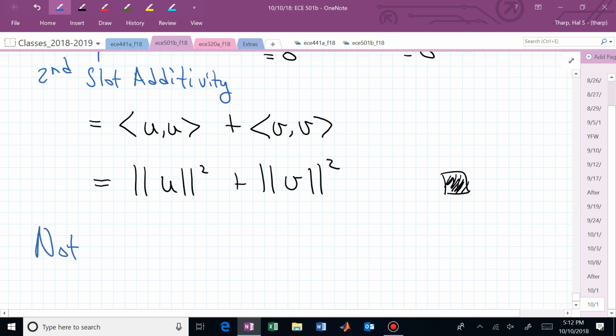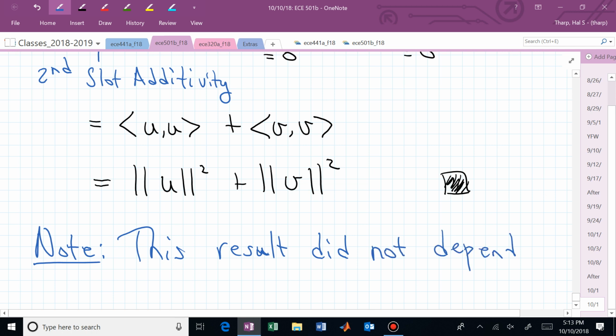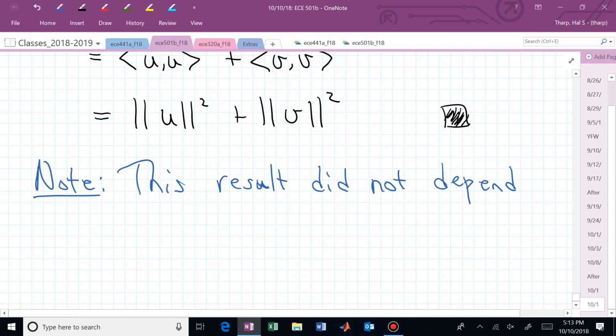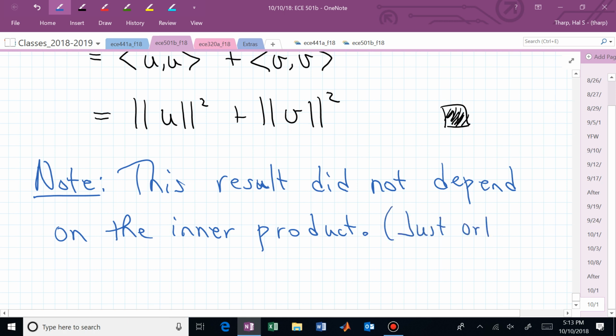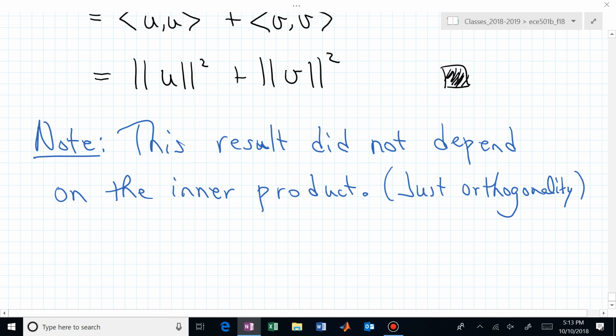Note, this result did not depend on the inner product. I just had to have orthogonality.